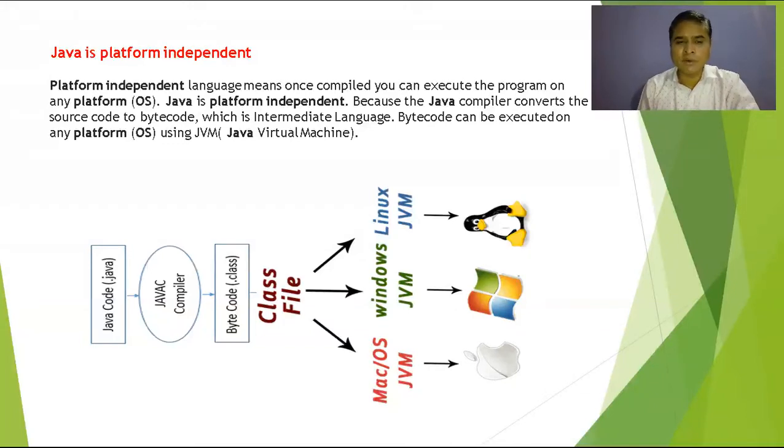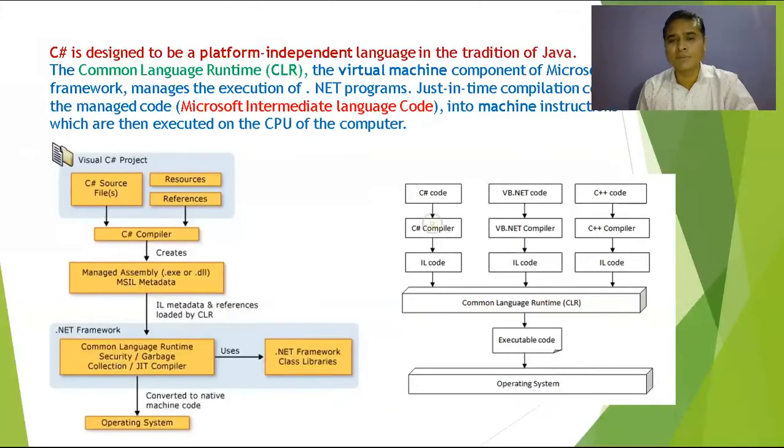So your Java code can be executed by any machine. You develop on one machine and can run this program on any machine. How is it possible? Because each machine has its own JVM, Java Virtual Machine, which converts these bytecodes into their corresponding native codes. So Java is a platform independent language.